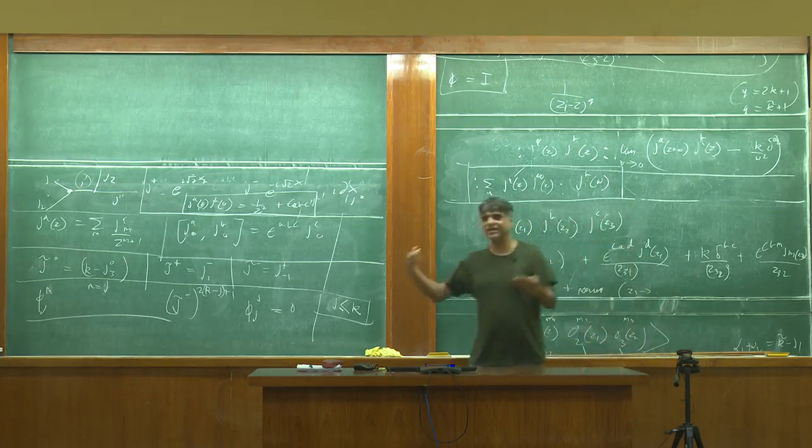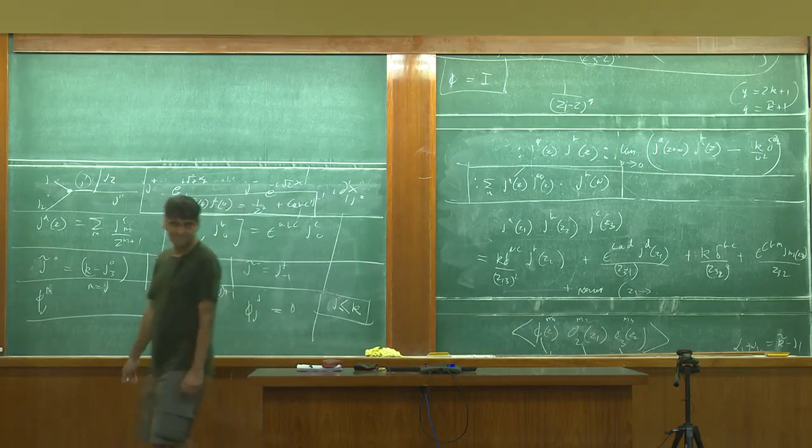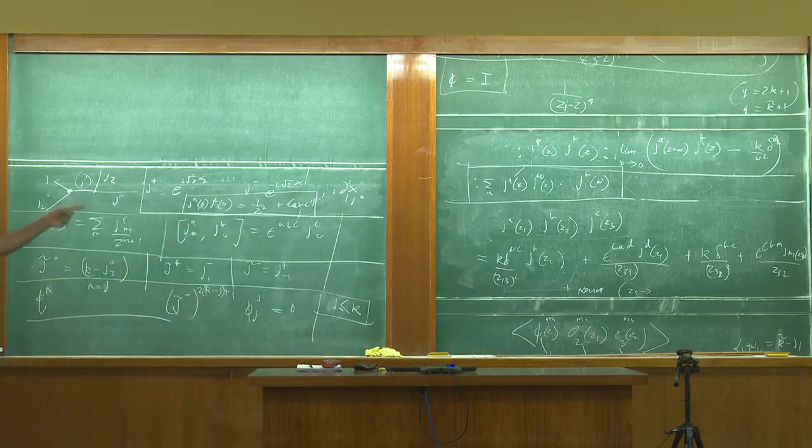Okay, so non-singular in Z3. This is clear? And at separated points, this is the structure.